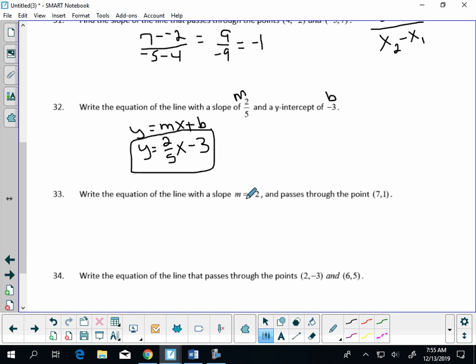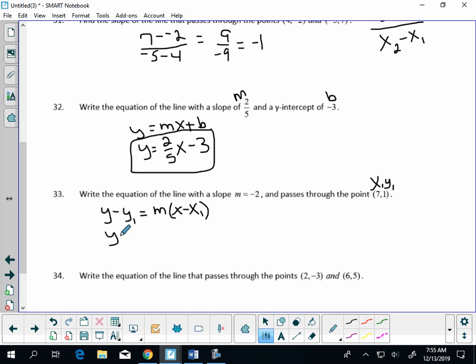Write the equation of a line with a slope of -2 and passes through that point. That's my x1, y1. So I copy down my equation. y minus y sub 1 equals m times (x minus x sub 1). Plug in what I know.